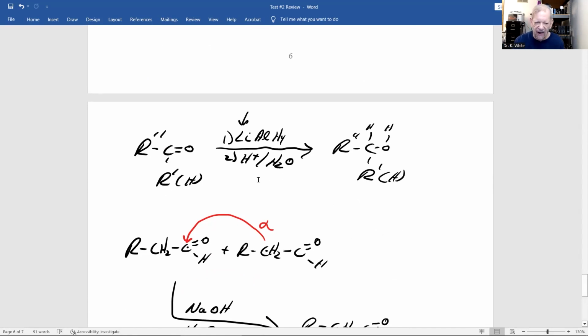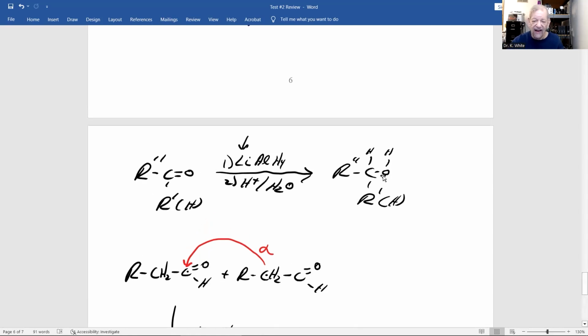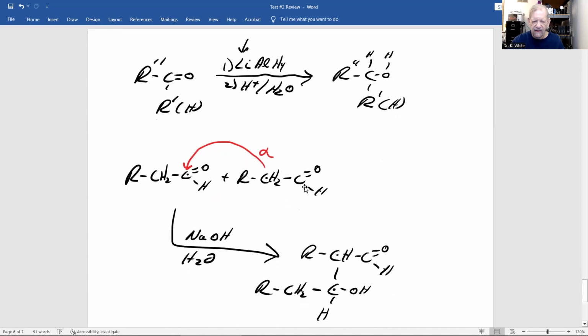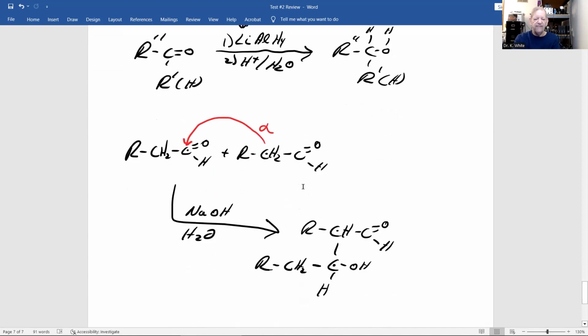You break the pi bond of the carbonyl, the oxygen gets a hydrogen, the carbonyl carbon gets a hydrogen, and R prime or hydrogen and R double prime come along for the ride. And you make an alcohol.